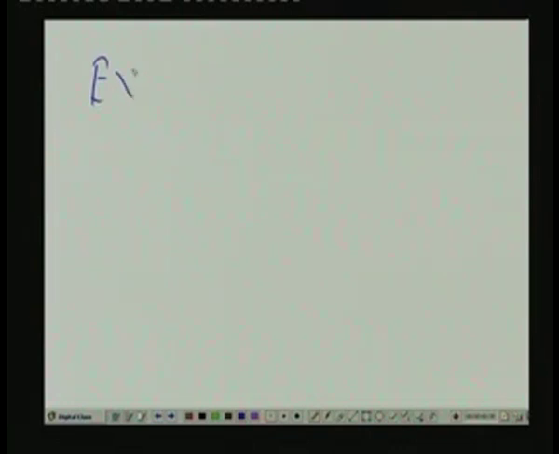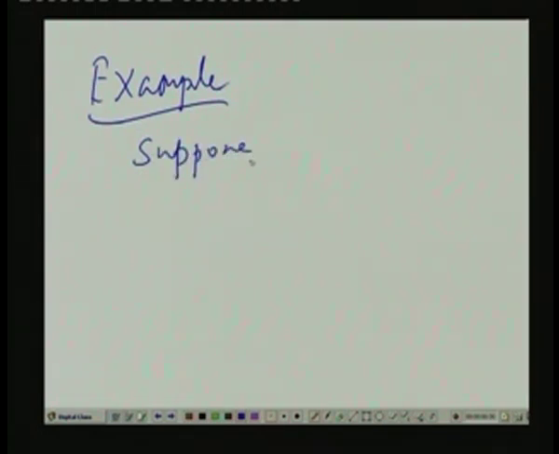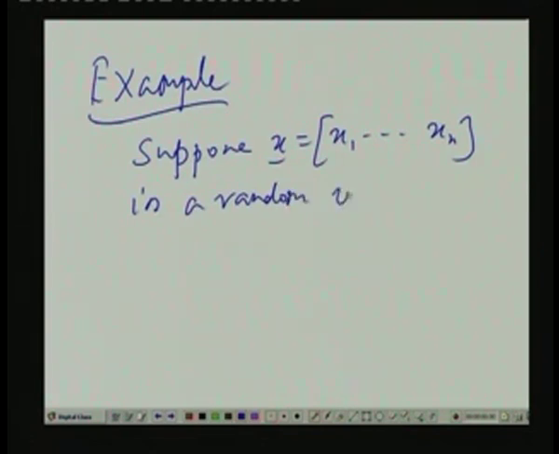Suppose x is a random vector. Okay. So, it has got some joint density, then conditional densities, conditional distributions and all those things, okay, as defined just a while back.